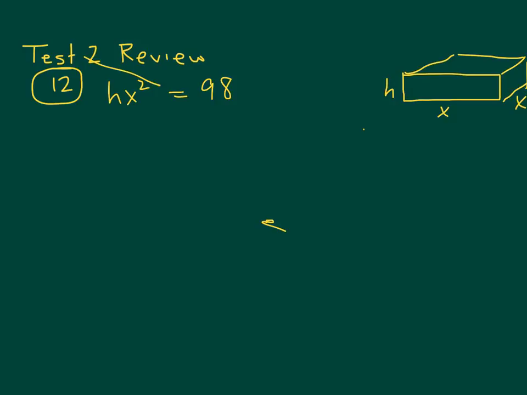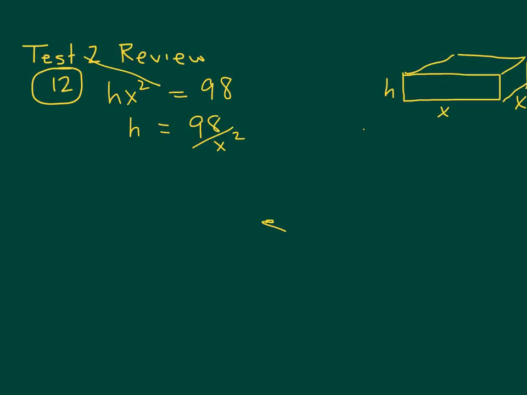So that would be x times x times h, and I'm choosing to write that as h times x squared, which then means that h is equal to 98 times x to the negative 2, or divided by x squared, whichever way you want to write that.